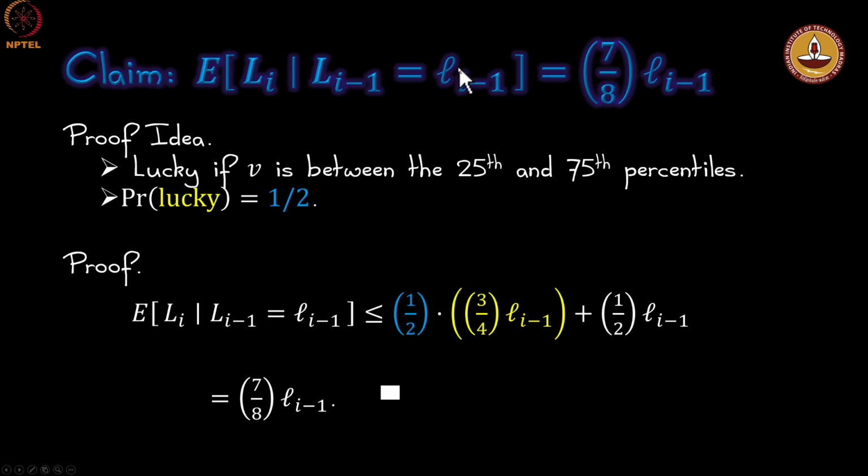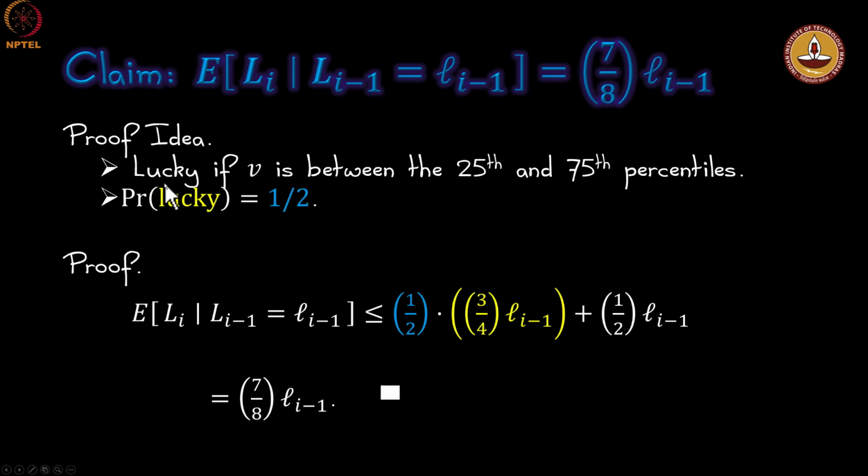Now, given that was the size of the array in the previous recursive call, what is the expected size of the array in the current recursive call? Okay, let's try to understand why that's the case.